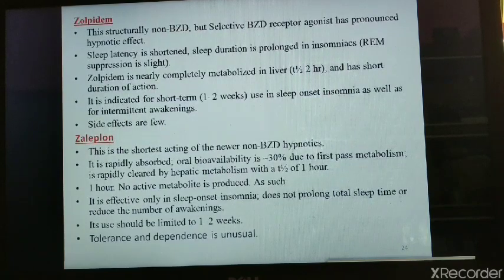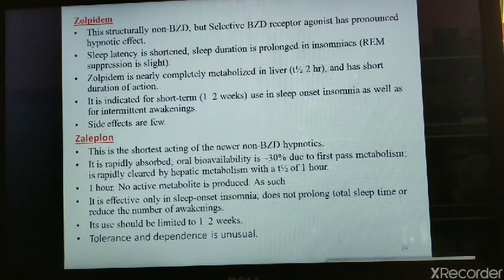The next drug of this class is zolpidem. Zolpidem is also structurally dissimilar to benzodiazepines but acts on benzodiazepine receptors and shows a hypnotic effect. The sleep latency is shortened and the sleep duration is prolonged in insomnia, while REM sleep suppression is slight in this case.